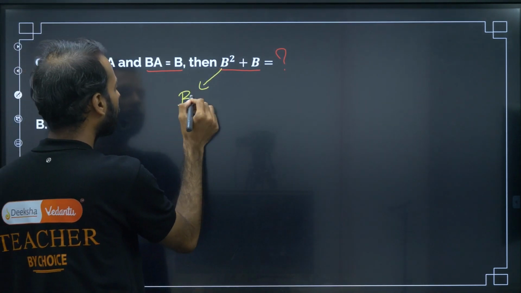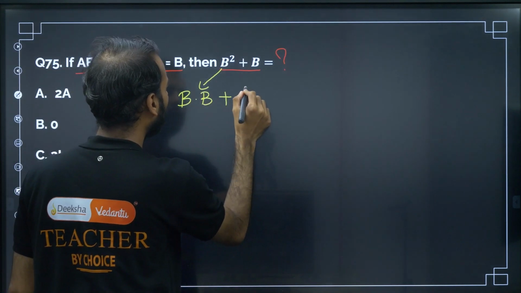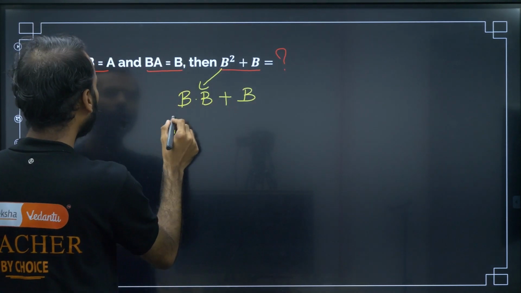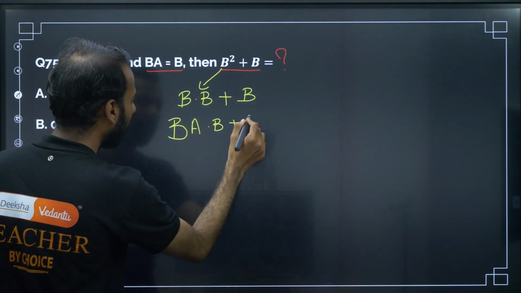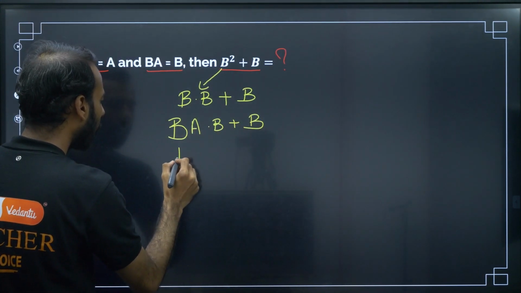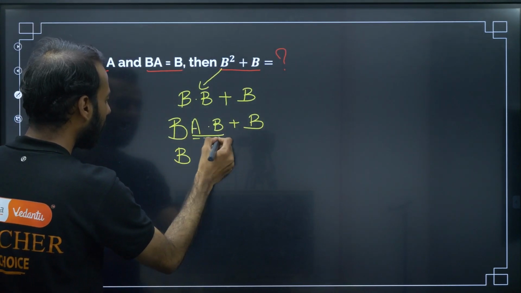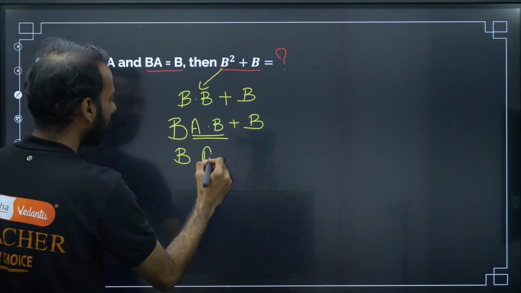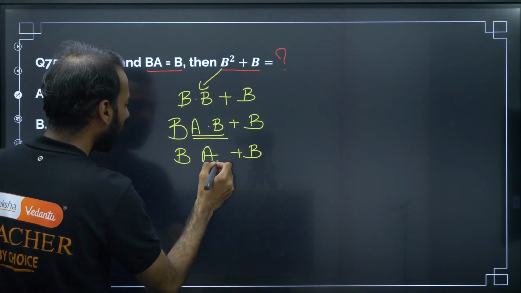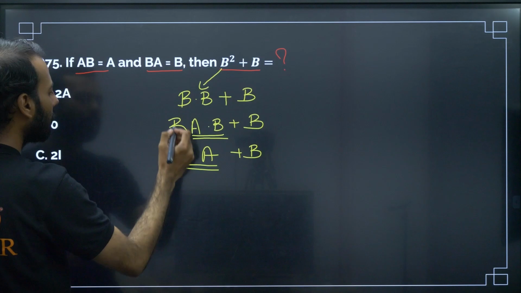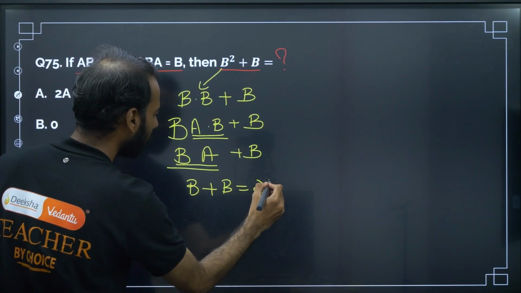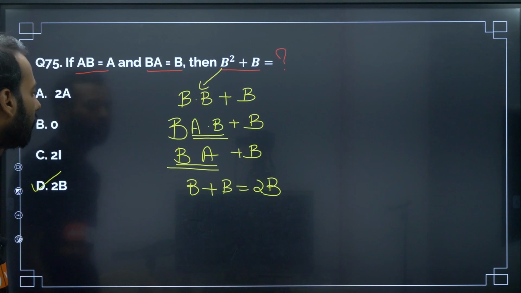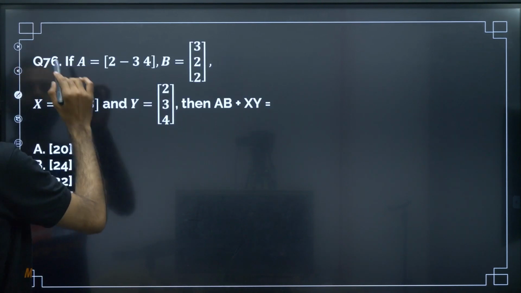B square can be written as B dot B. For the first B, let me write BA, and this B plus B. For this AB, let me replace it with A, and BA is B. So B plus B is 2. D is the answer. Next, moving on to the next question.